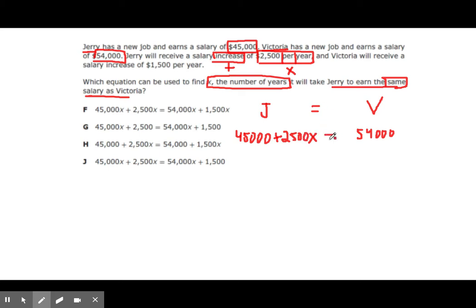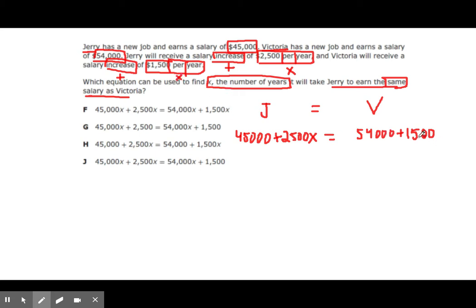is equal to, all right, so Victoria, she earns 54,000, and then she's going to earn a salary increase. So here's that word increase again, which tells us that we're adding 1,500 per year. So we need to take that 54,000, add the 1,500 per, which tells me I am multiplying.